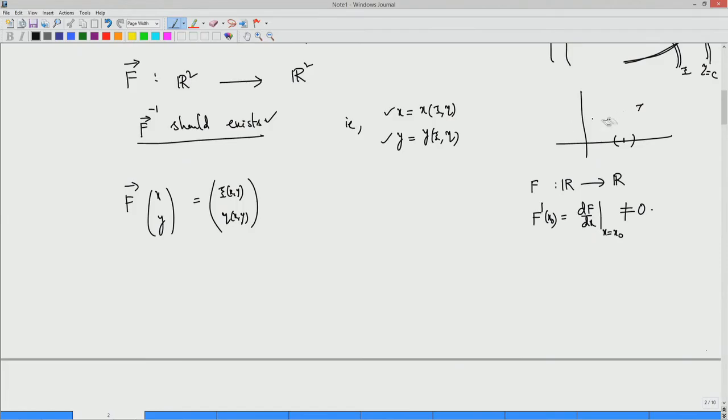If none of these tangents are parallel to the x axis, say at this point, look at the tangents in the neighborhood of all the points here on the curve. The tangents are not parallel to the x axis, that is the meaning at x naught.